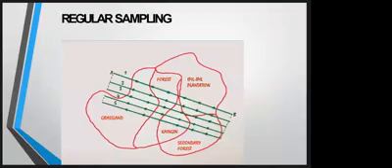Anywhere, random. Okay, another is regular sampling, or what we call systematic sampling. Here, the samples are taken at regular intervals. For example, you put a line here, this is your first line, then it is systematic. Let's say the distance is 5 meters apart: first 5 meters here, second 5 meters here, third 5 meters here, and so on.